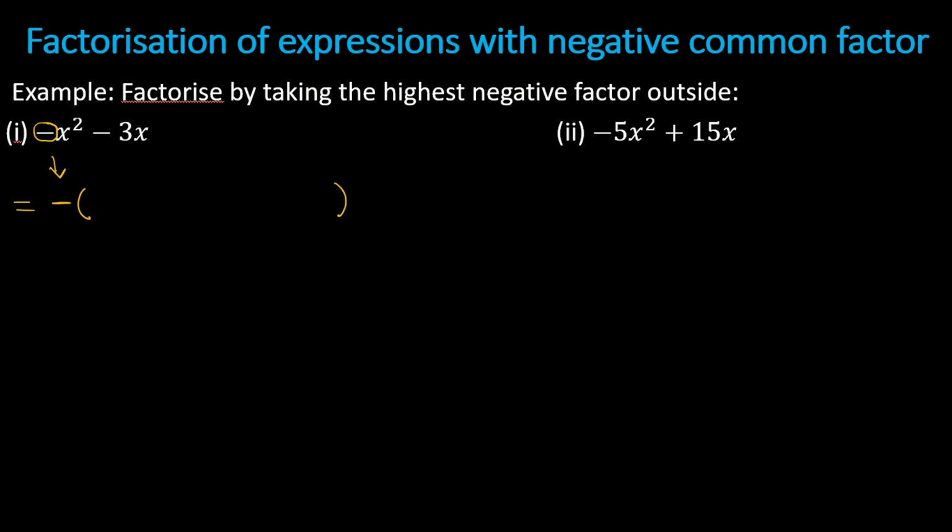Then we consider x squared. It is simply x times x. And what do we do with this sign? Since we have taken a negative outside, we have to change it. The negative becomes positive because minus times plus gives minus.